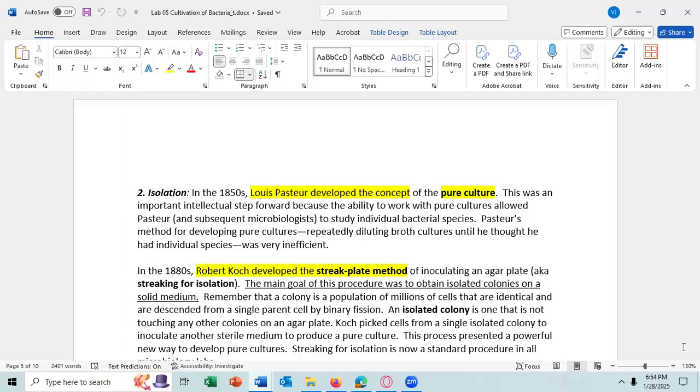It was a very difficult and time-consuming way to obtain a pure culture, but it did work at least most of the time. It did not work all of the time. And to tell you the truth, I've never isolated a culture that way, so I'm not sure how reliable it was.